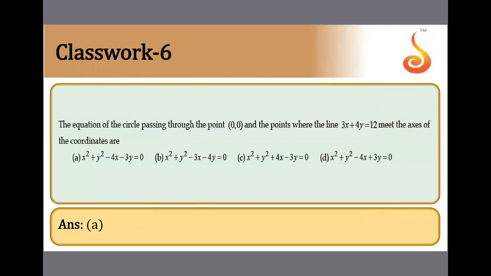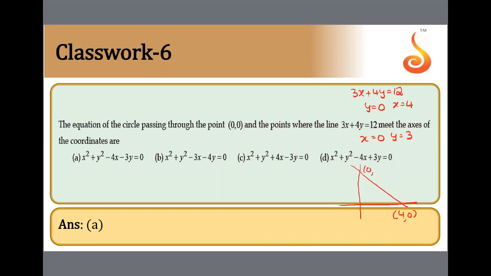Example 6. Equation of a circle passing through 0, 0 and the points where this line meets the coordinate axes. Same type of question. 3x plus 4y is equal to 12. Put y equal to 0, we get x equal to 4. Put x equal to 0, we get y equal to 3. So this point is 4, 0.